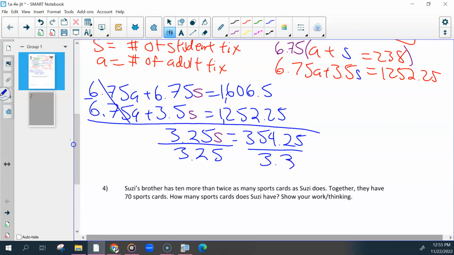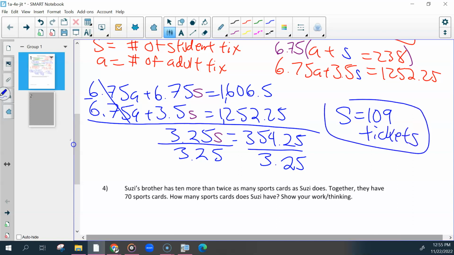Divide both sides by 3.25. So that S is 109. Questions on that one?